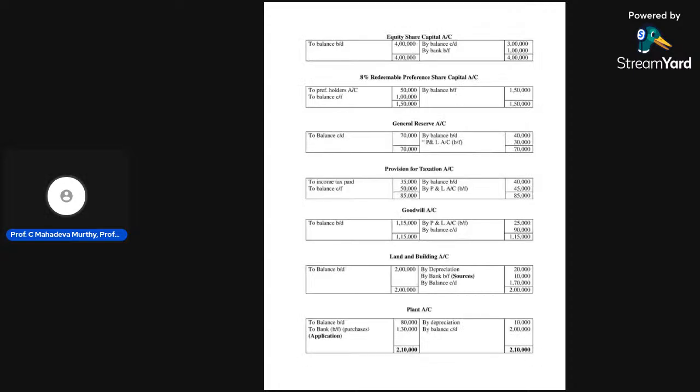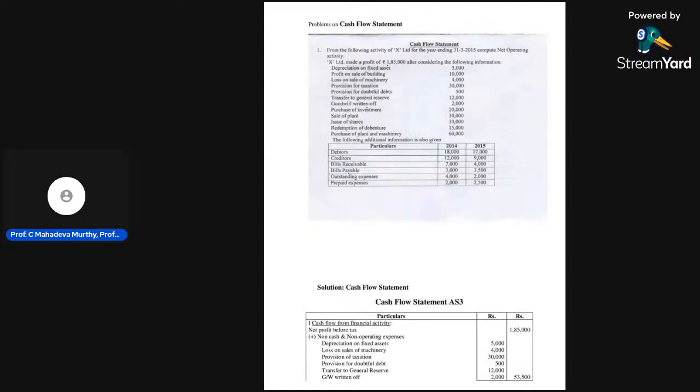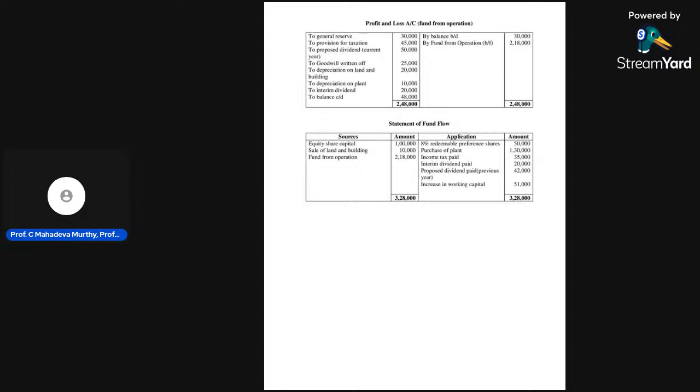Then sale of land and building 10,000. See here, bank sources 10,000, land and building. No other item of sources comes into the organization.